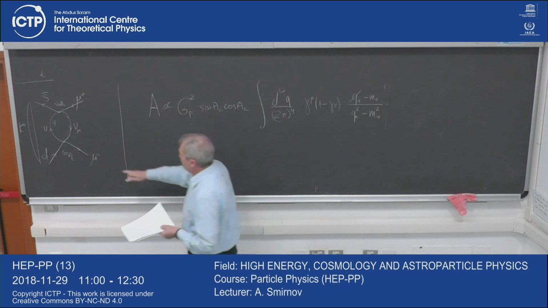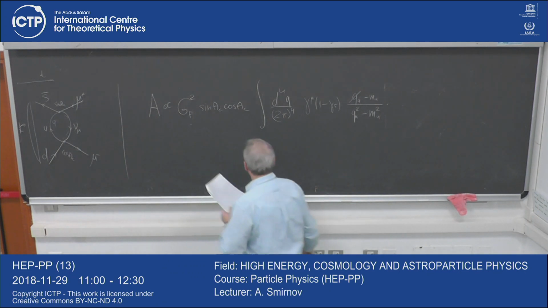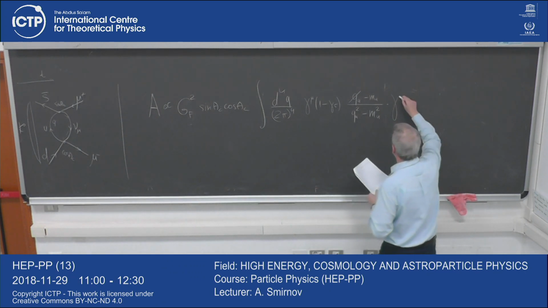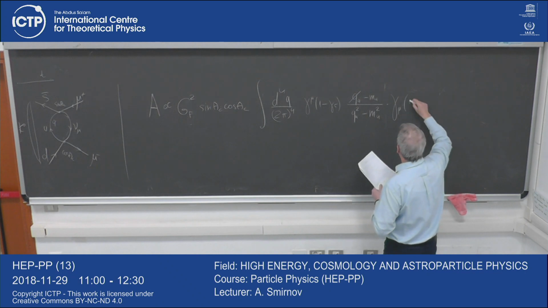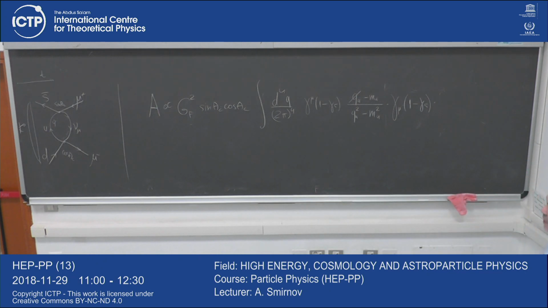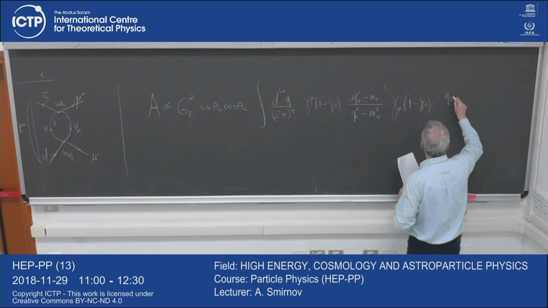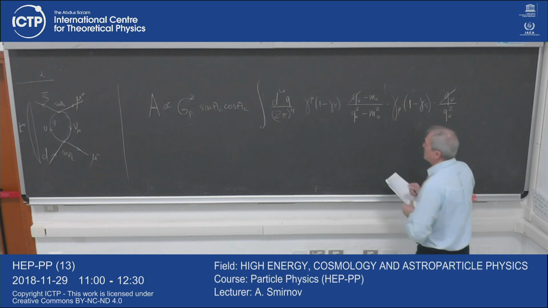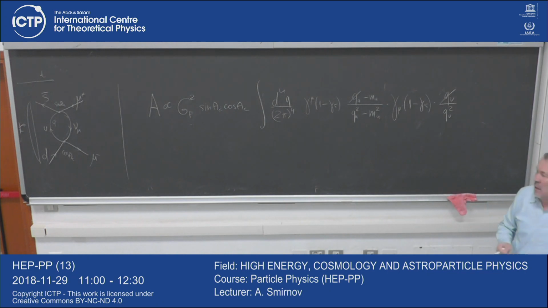Then you are arriving in this vertex, and you need to write what is in this vertex, and you will get here gamma mu (1 minus gamma 5). And then you need to write the propagator, the Green function of the neutrino. Neglecting the mass, I can write this in this way: it's q-slash over q squared of the neutrino.